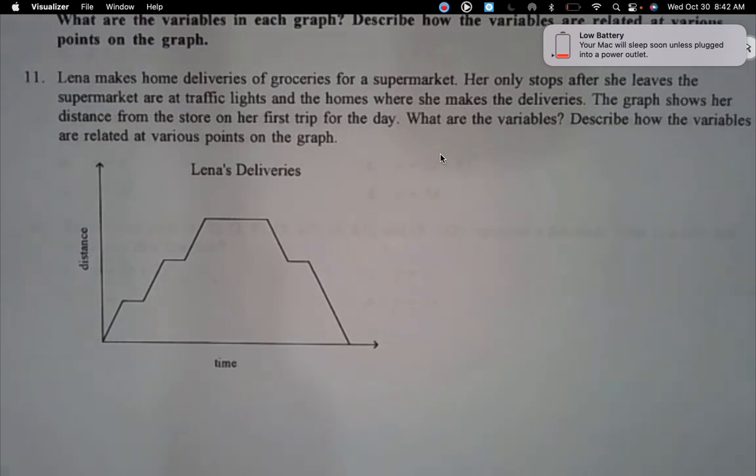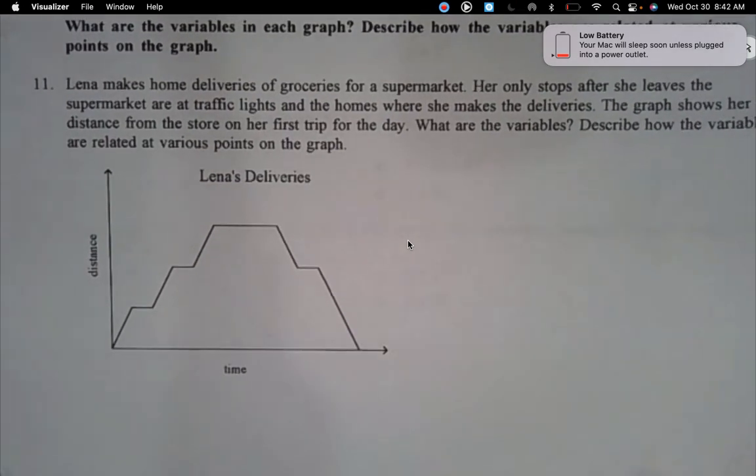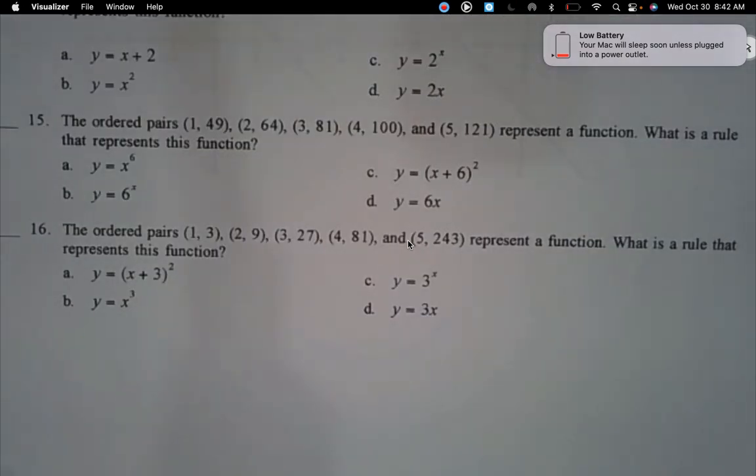Okay. Let's see how much time until the bell. I've still got a little time. Let me plug in my computer real quick, because if it dies during the video, I'll lose it. All right.